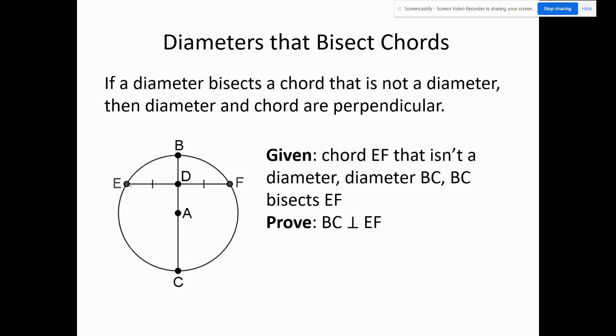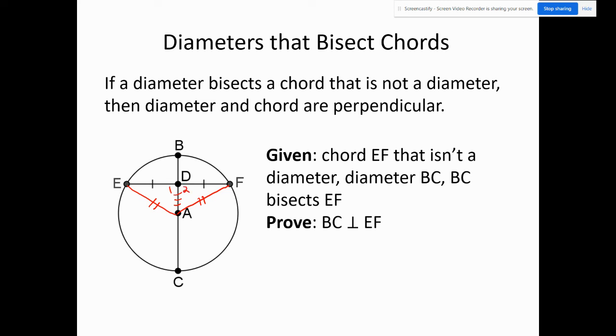As for how this gets proven, well, guess what? You need radii, which are equal to one another. Oh, and then you've got these two triangles, EDA and FDA, and they also have a side in common. So those triangles are congruent by SSS. No surprise, because equal radii gives us equal sides.